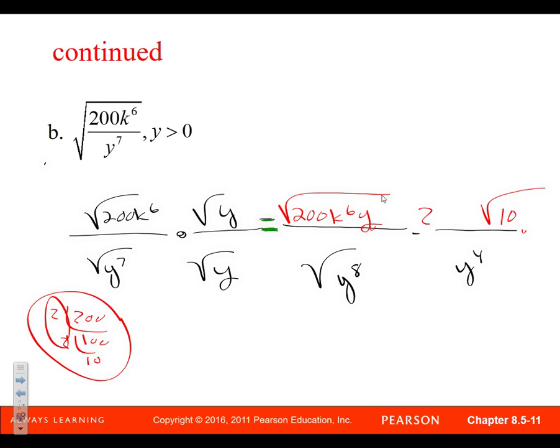Now, looking at k, how many sets of k can I bring out? Well, it's k to the 6th over 2, isn't it? Because that's my index. And I don't have remainders, so does anything go back inside? No, I'm going to get all 3 k's out. Now, this power is less than the index, which means I can't do anything. That's it.